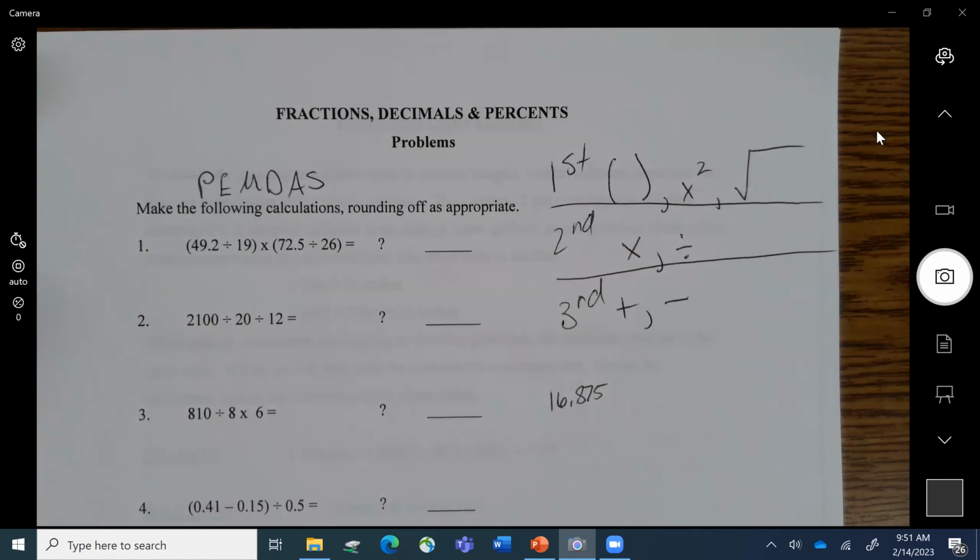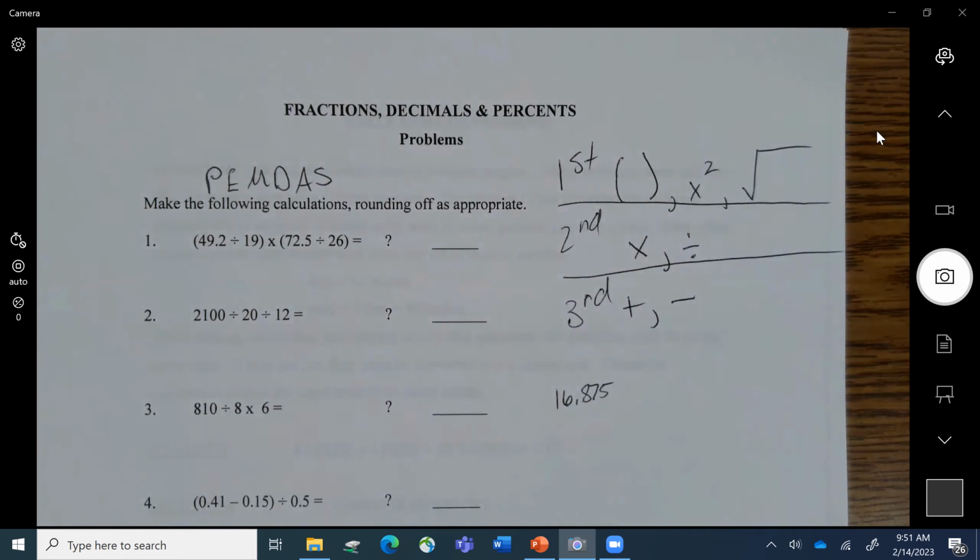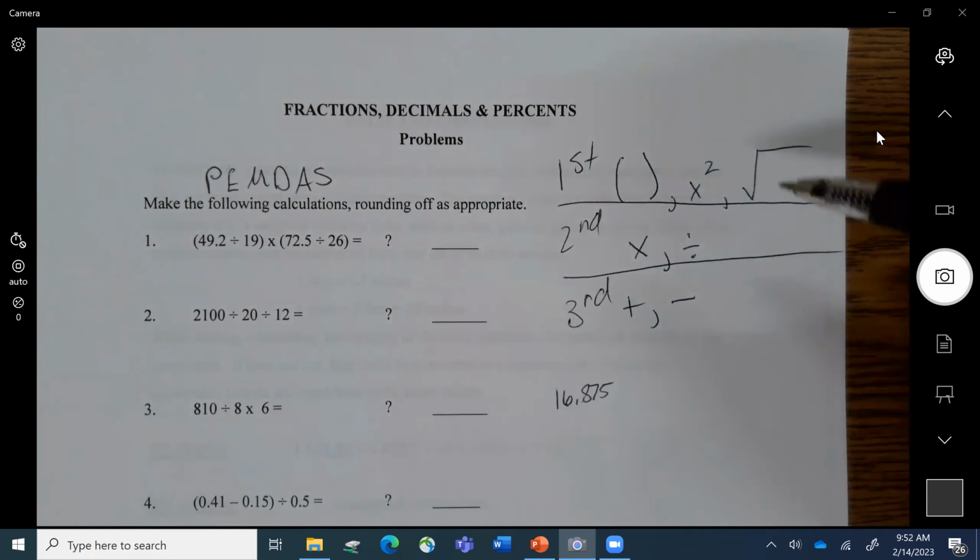Well, Scott, on the second level here, you're telling me multiply and divide are the same, but it looks like multiply comes first. That's true. It does look like that, but that is not how this is done. When things are on the same level, you do them at the same time. Does that make sense what I'm saying?